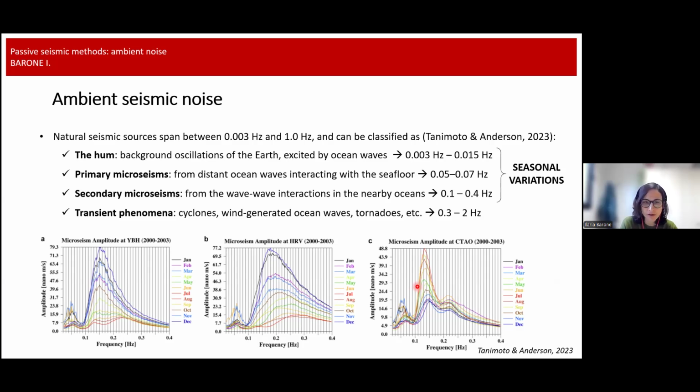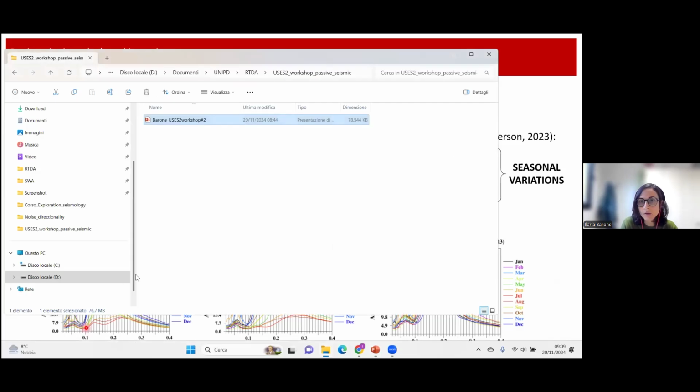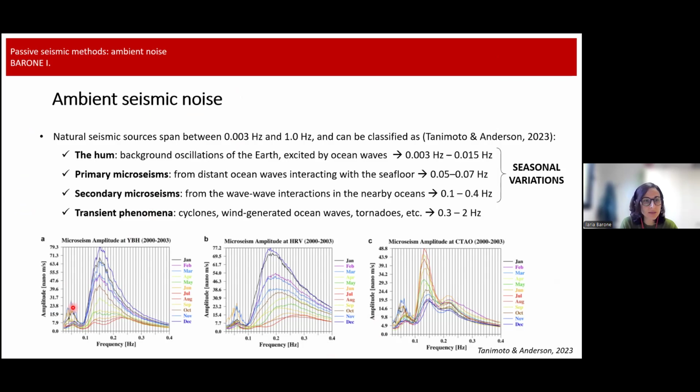Another interesting fact of these spectra is that we can clearly recognize the primary microseismic peak and the secondary microseismic peak that, in some parts of the year, and especially for this station, is divided into two peaks.